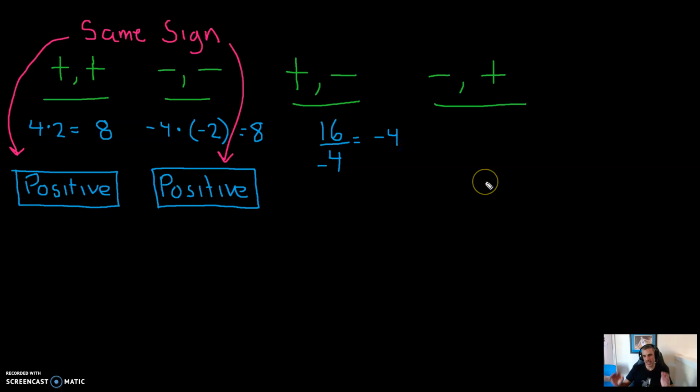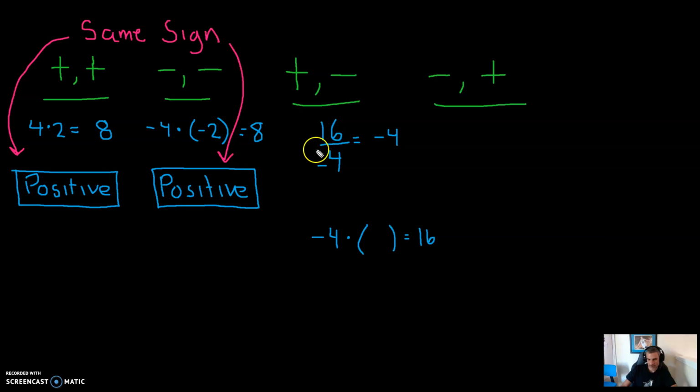Now, this makes sense because let's reverse the process. When I say 16 divided by negative 4, that means how many times does negative 4 go into 16? In other words, what do I need to multiply negative 4 by to get back to a positive 16? Well, to get a positive number, I need to multiply negative 4 by another negative number.